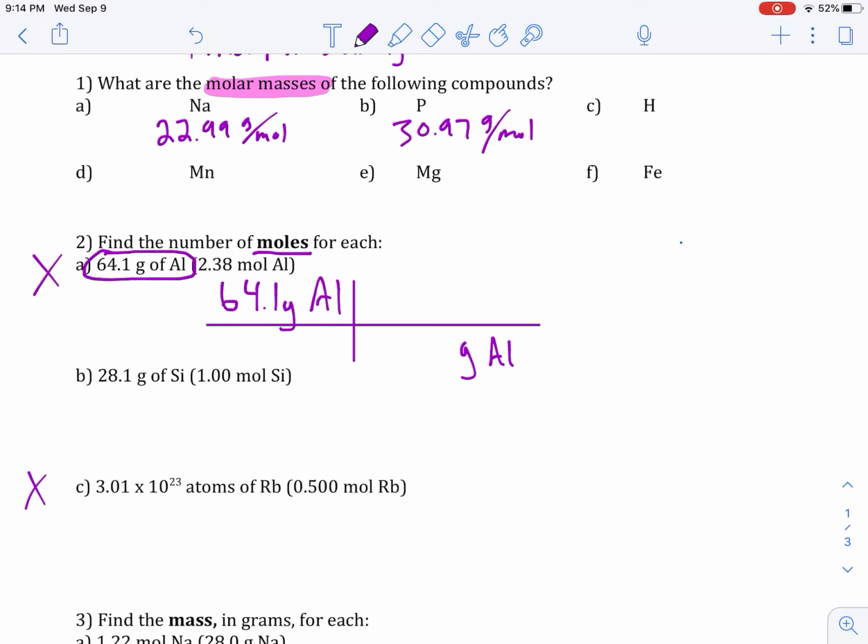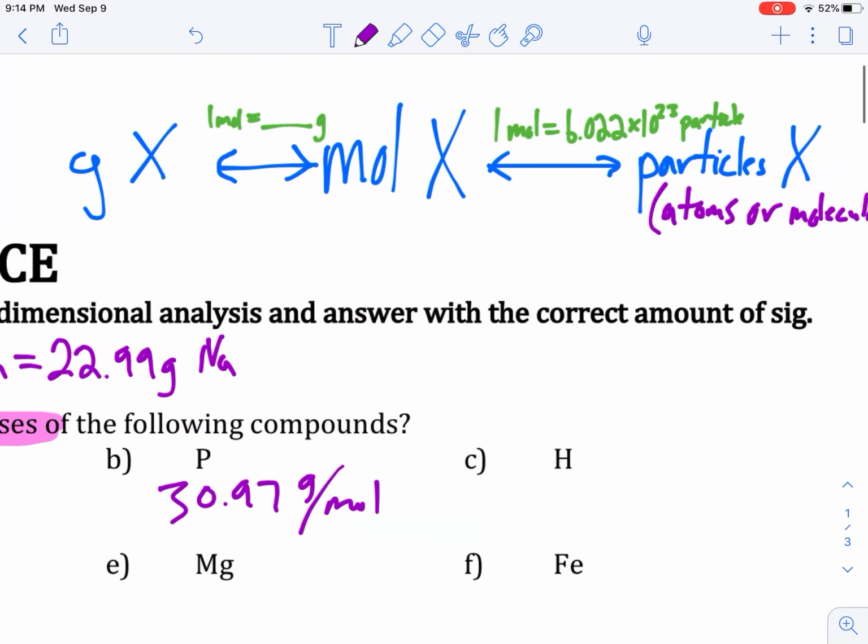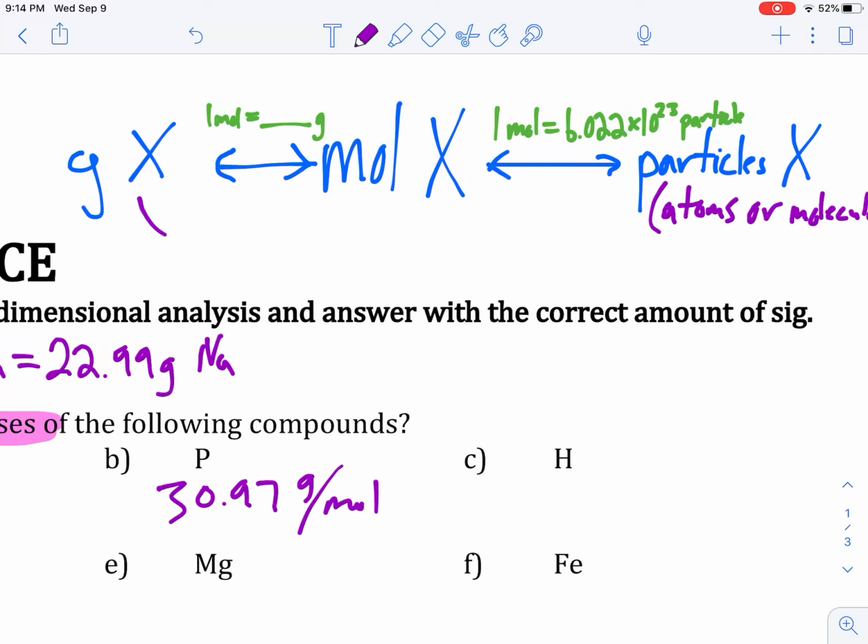So far I haven't converted anything. I have grams on the bottom, and I have the unit canceled, but I don't know what to convert to. Let's look it up at our chart here. We have grams of X. We can convert to moles of X in one step.